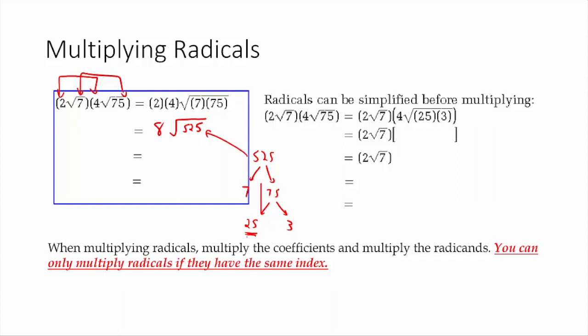Well, there's your perfect square that we're looking for, which allows us to reduce this even further, because now we know that it's 25 times 21. So now we can go 8 times the square root of 25 times 21, which gives us, well, the square root of 25 is 5. 5 times the 8 in front is 40. And what are we left underneath but the 21?